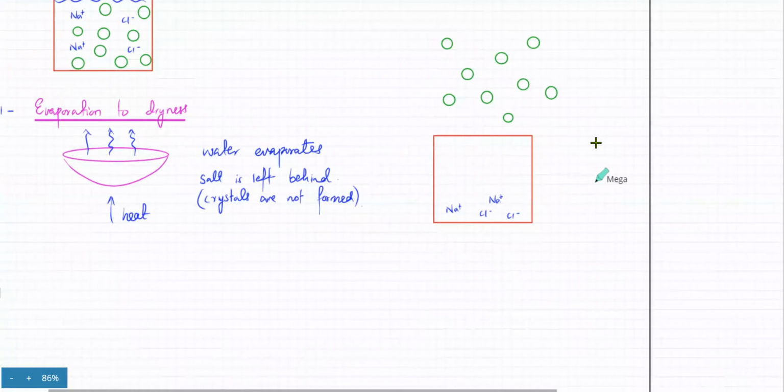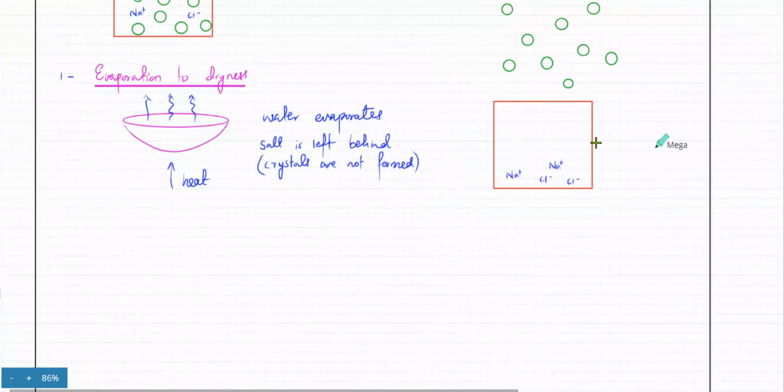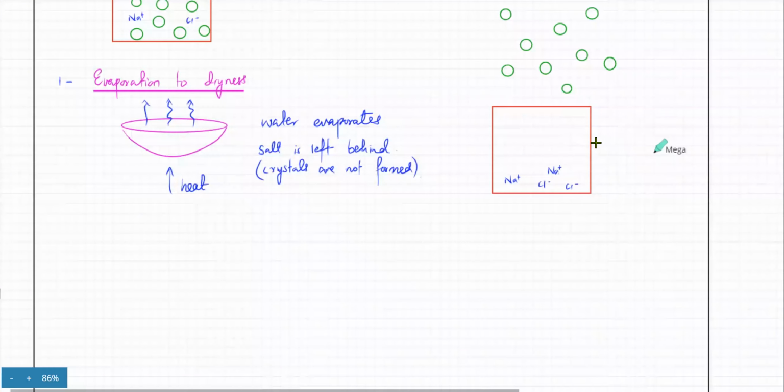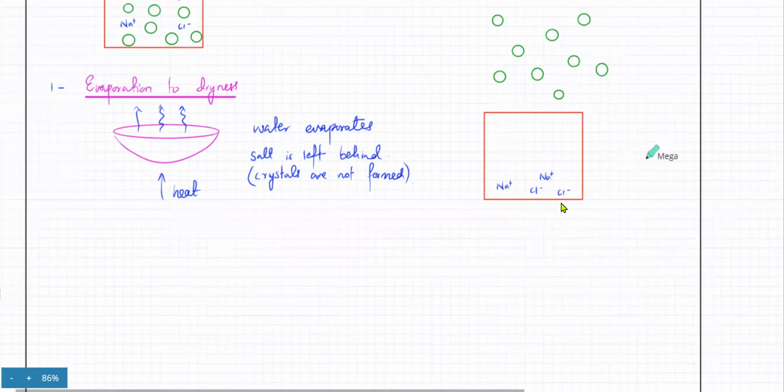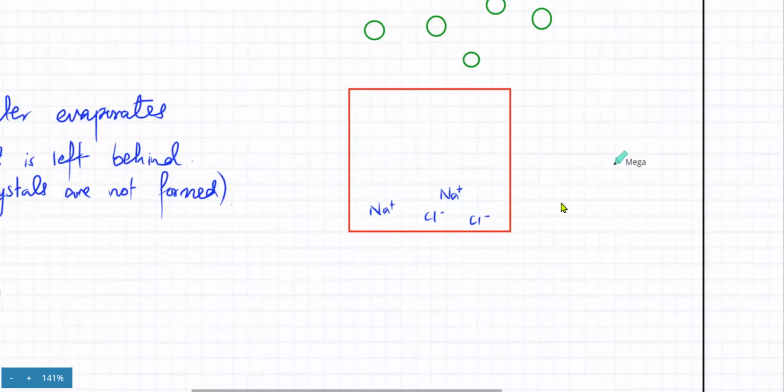So evaporation to dryness is going to give you some powdery substance at the bottom, and because things happen very quickly, the particles don't get enough time to join up and form that substance back again. Plus, there would be impurities as well.